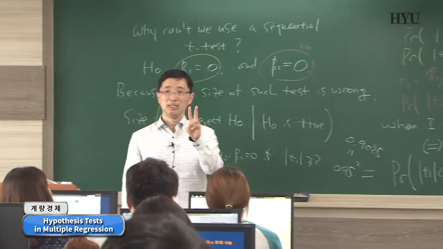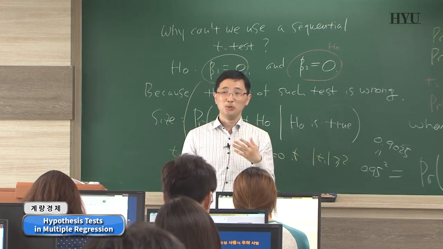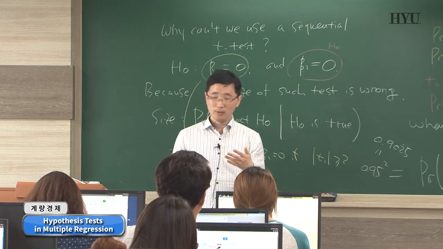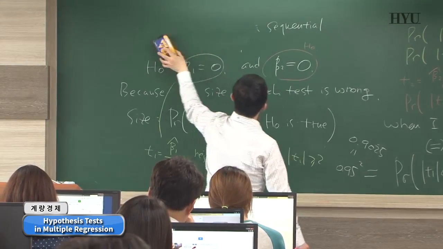So what is the opposite? It's the probability that we reject the joint hypothesis, if the joint hypothesis is true. Okay? So let me write it somewhere.